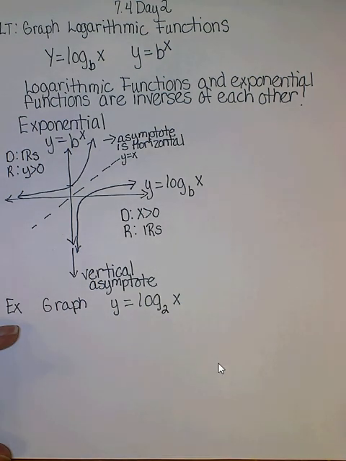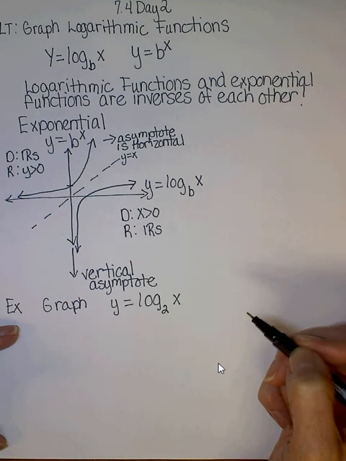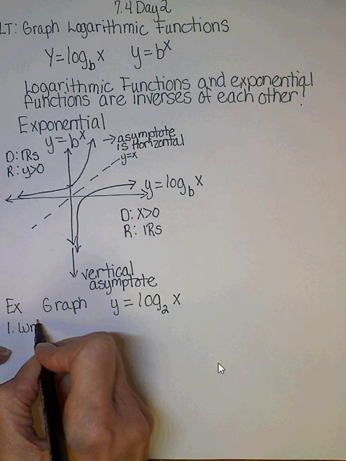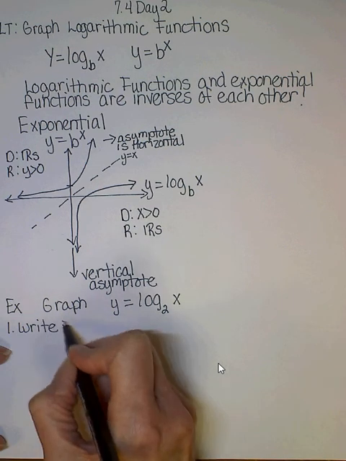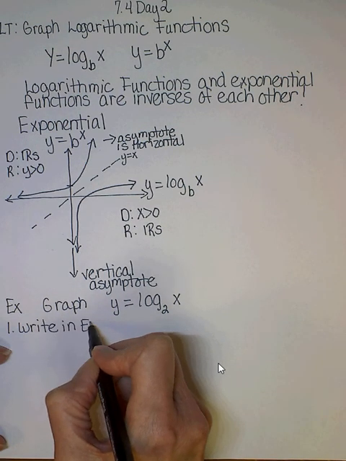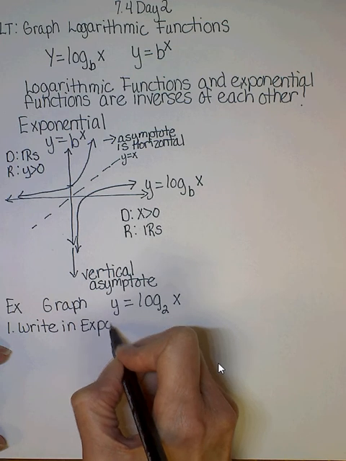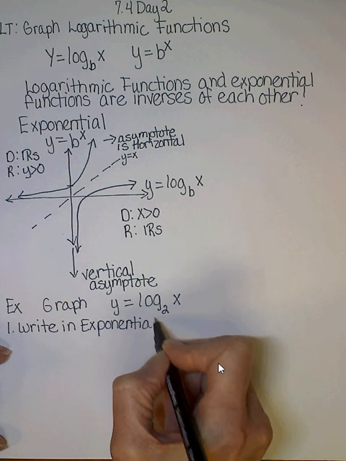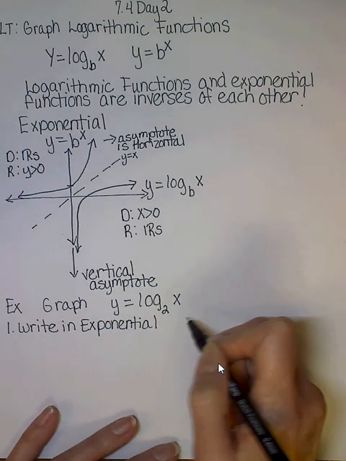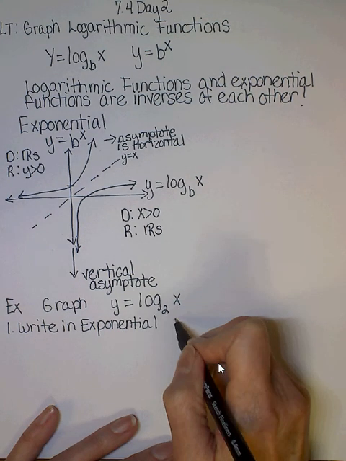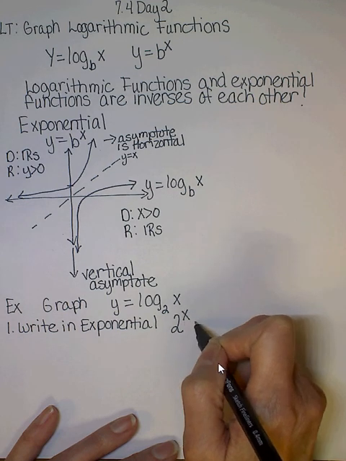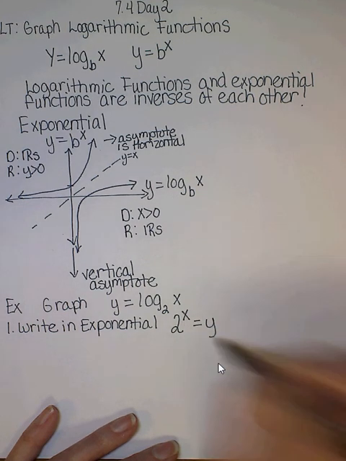So the first thing you want to do is write this in exponential form. And you're going to have to switch the x and the y since they're inverses of each other. So this will be our base, and then our exponent will be x, and this equals y.